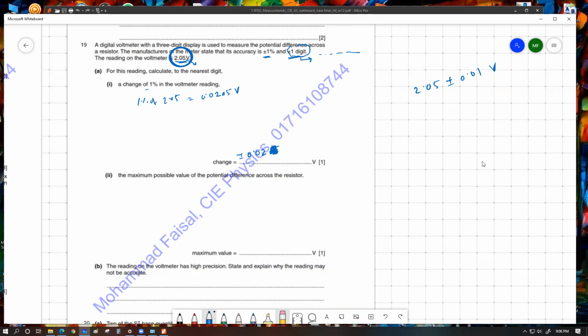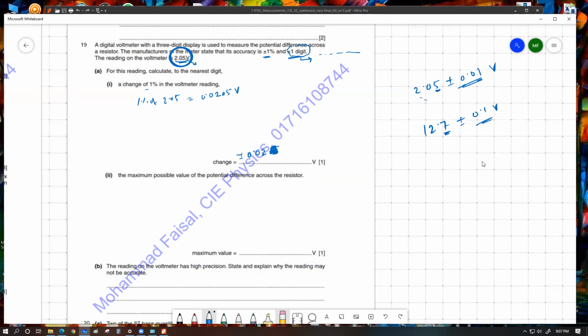Let's say if this voltmeter was reading 12.7 volt, in that case this would mean plus minus 0.1 volt. The very last digit can have one division uncertainty. Do you understand my point? No, sir. The very right or very smallest digit of the whole number will have one variation.